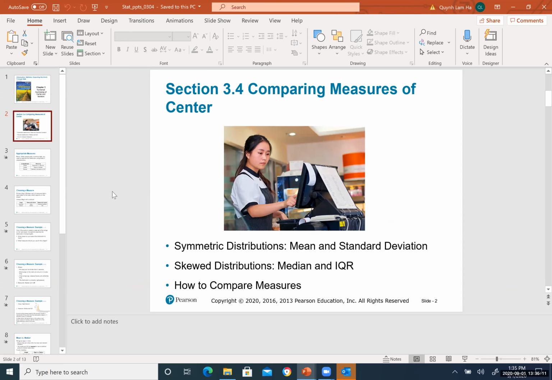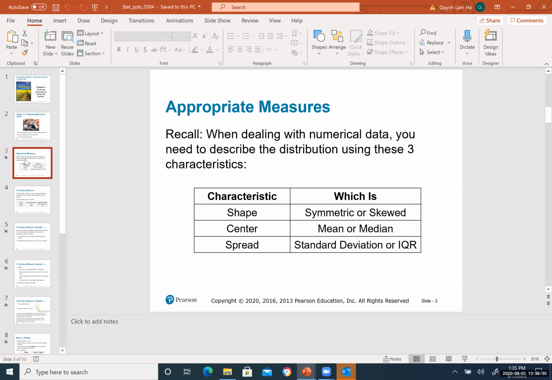We will compare the measures of the center for a symmetric distribution and a skew distribution, and how to compare the measurements between these two distributions. We have three characteristics: shape, center, and spread.